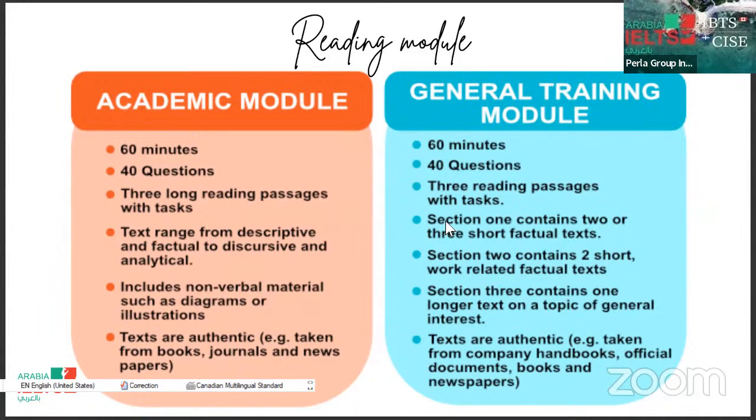And usually this one is a bit longer than the others. So both of them, the AT and the GT, as a resource I'm talking about, they are both real publishings, and they come from real books, handbooks, official documents, as I said, newspapers, journals, and etc. Okay.